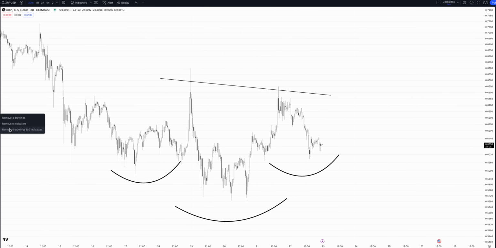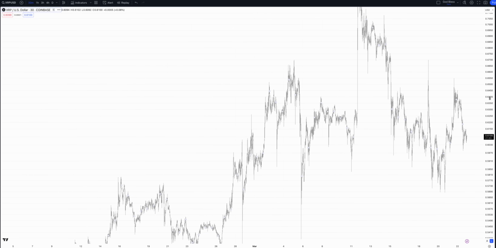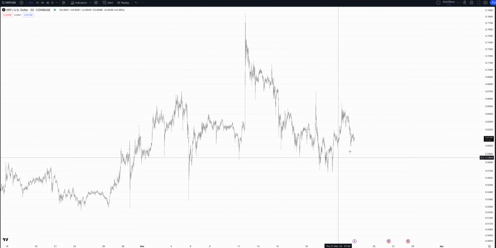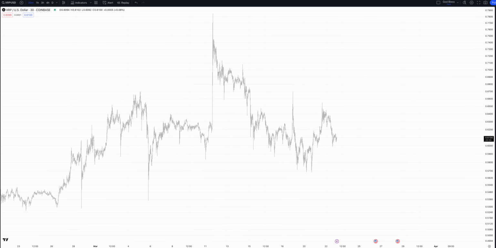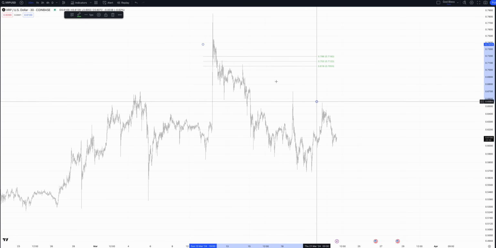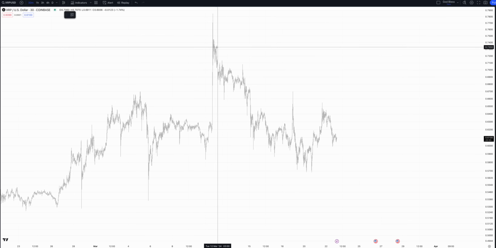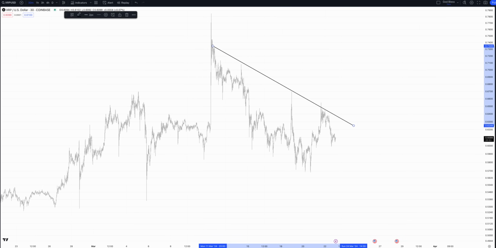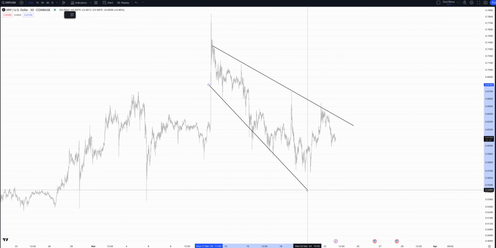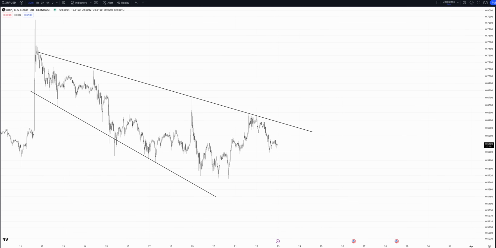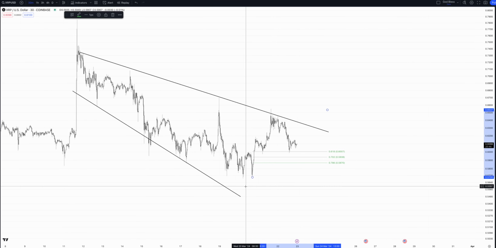So we have three patterns here. We have an inverted head and shoulders, we have a diamond bottom pattern, we have a descending broadening wedge. Okay, so this is a descending broadening wedge, which is a bullish pattern, and we're currently holding the 61.8% fib.